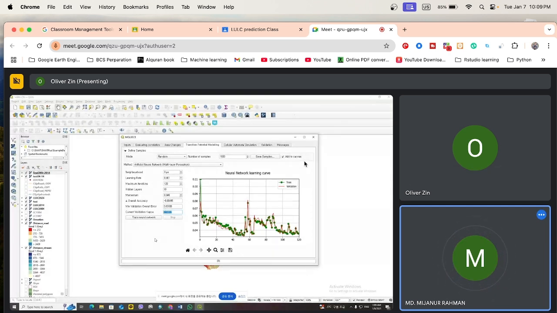Mainly, training is the performance of the model on the training data set. In this case, this green line indicates the performance of the model on the training data set at different times. You can see here we also set the learning rate, 0.001.